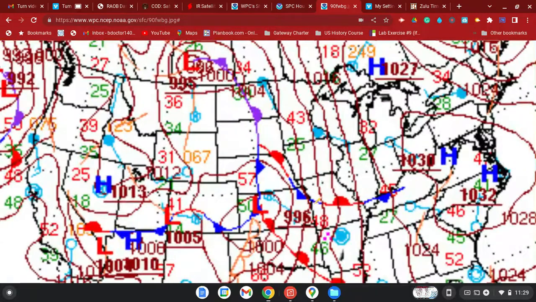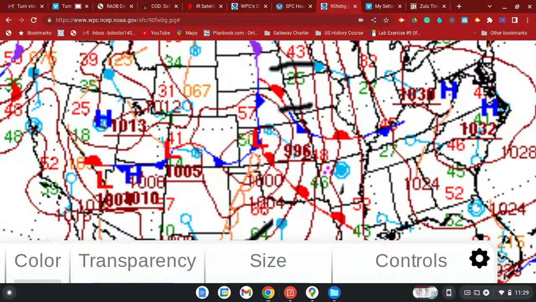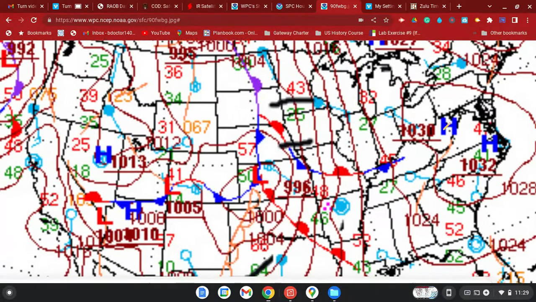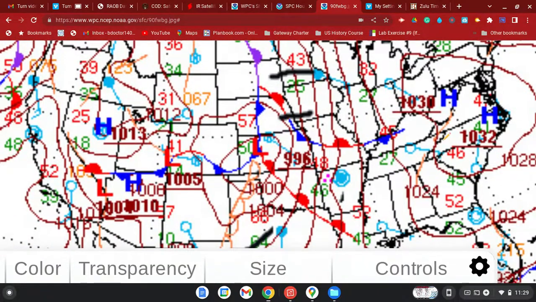If you look at the temperatures in an area, 43, 25, you can tell how warm or cold it is, and with the pressure and dew point, how moist the air is. The highs and the lows, you can tell where generally the nicer weather is as opposed to the stormier weather.